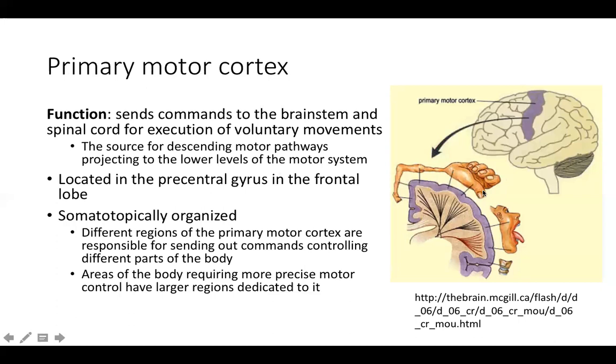And so this could also be interpreted as, the more fine-tuned and precise the motor control necessary, the more area in the brain is dedicated to processing and controlling that area of the body.